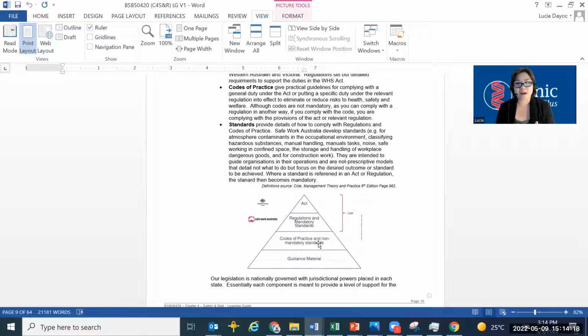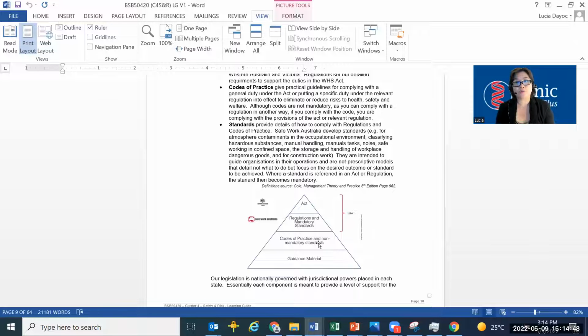So the codes of practice are guidelines. Though they're not mandatory, following them, for as long as it's the most appropriate situation and industry that you're in, would most definitely allow you to be compliant in terms of your legal obligations as set out in the act.